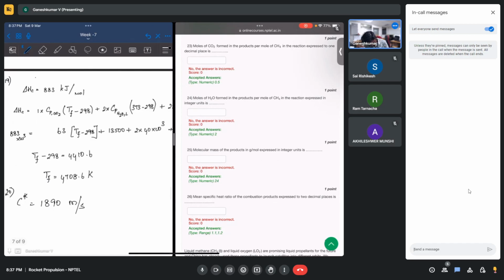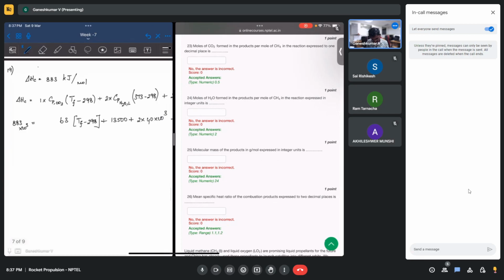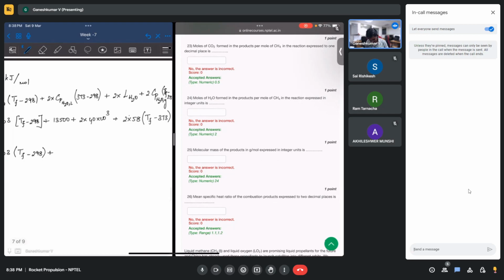I took a shortcut over it. So this is 789500 equal to 63 into TF minus 298 plus 2 into 58, which is 116 into TF minus 373.